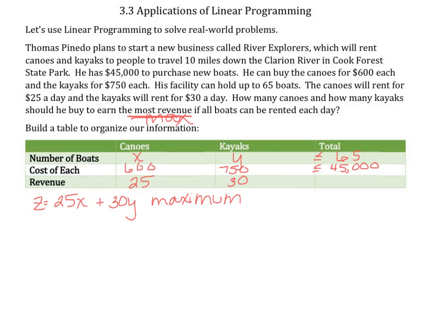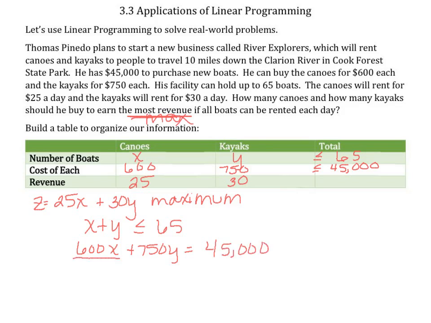We know, based on what we have in our table, that x plus y has to be less than or equal to 65 boats altogether. And we also know that 600x plus 750y equals 45,000 altogether.